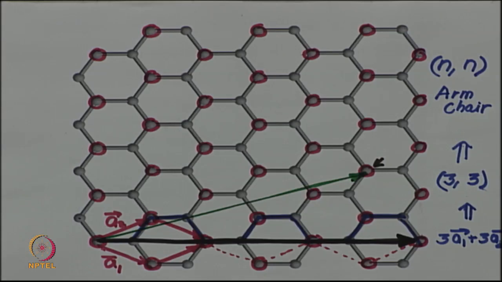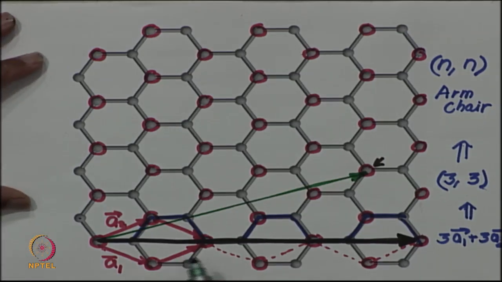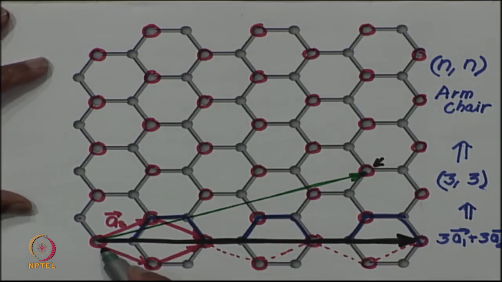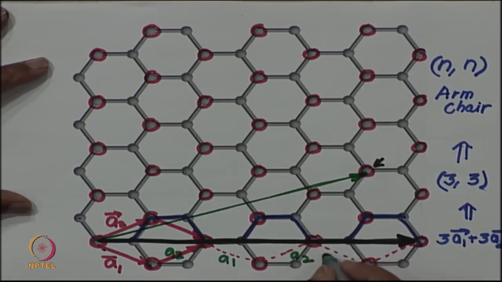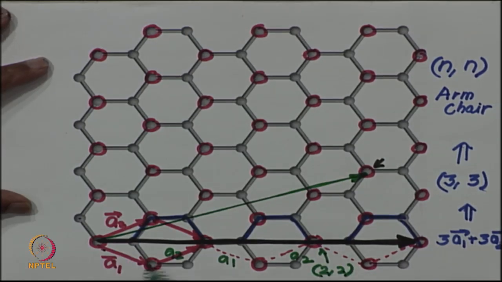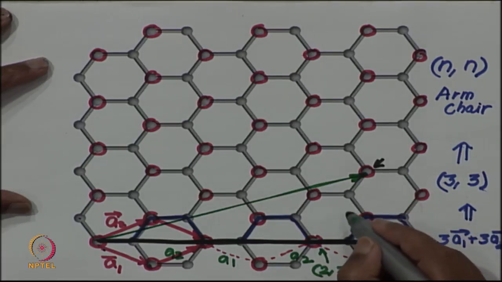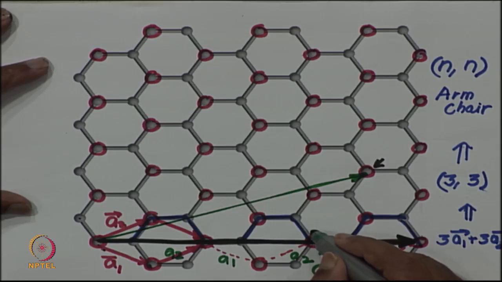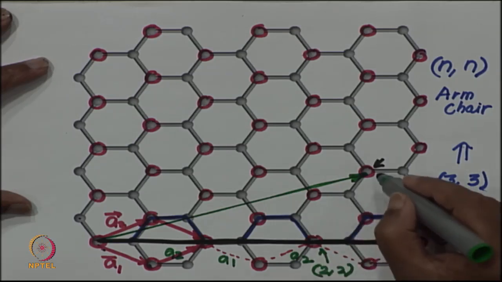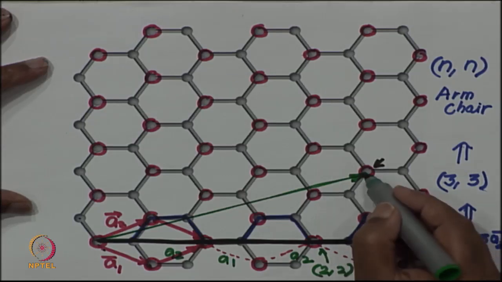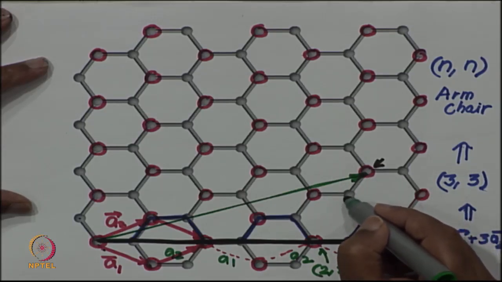Now, if I try to define this in terms of n and m, we see that we have to go, remember A1, and then we took A2, then another A1, then another A2 to come to this point. So, this point was 2 2, because we had taken 2 A1s and 2 A2s to reach here, and after that I want to reach here. Sorry, this is not parallel to that.